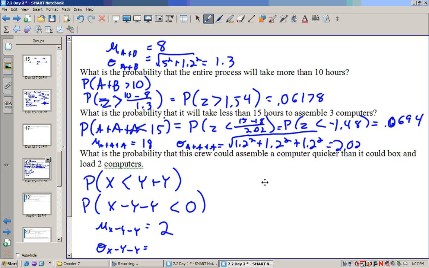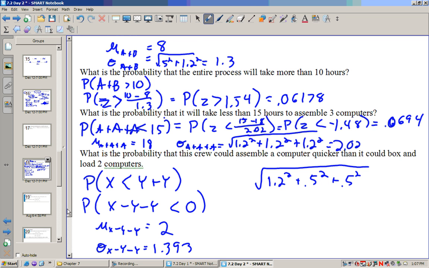To find my standard deviation, I take 1.2 squared plus 0.5 squared plus 0.5 squared and square root those, and I'll get 1.393.